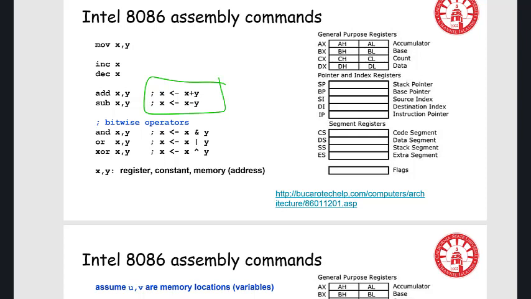For example, X plus Y goes to register X, and X minus Y goes to register X. So the first one is always your destination operand or destination register. We explained this in the previous slide.